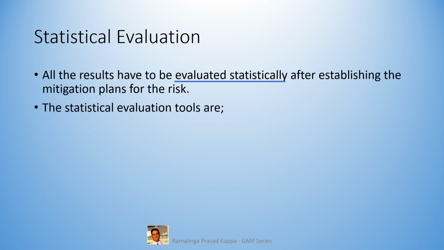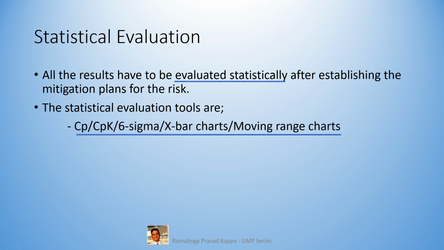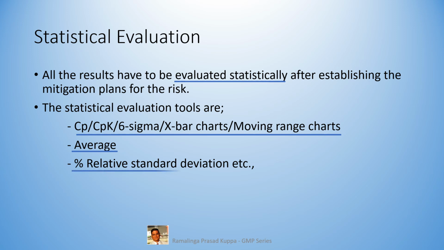The statistical evaluation tools are CP, CPK, Six Sigma, X bar charts, moving range charts, average values, percentage, relative standard deviation, etc. These are very important tools to evaluate the data, and unless the data is evaluated statistically, the risk assessment will not be done in a proper way.